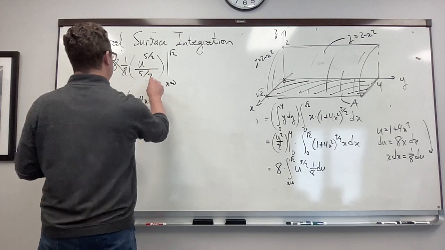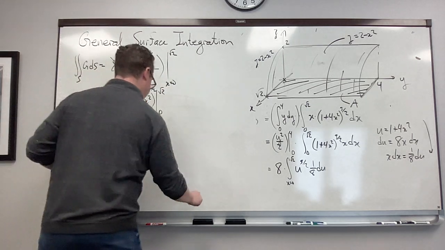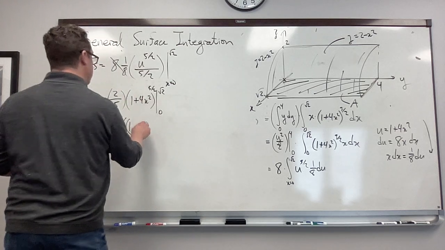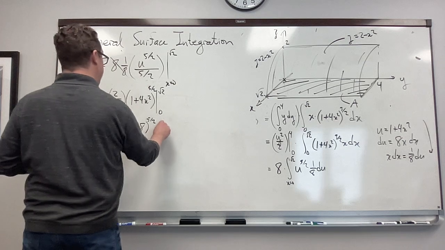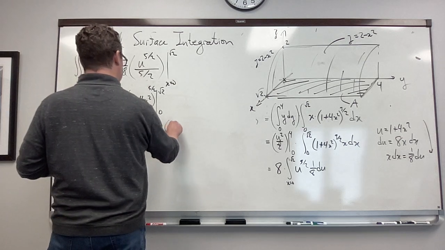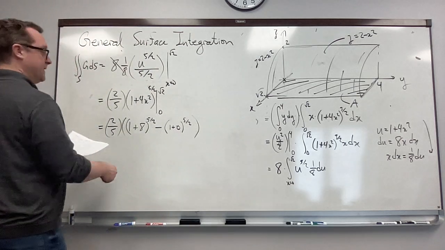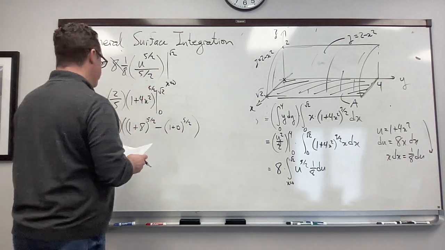Wait, okay, what's that? 5 over 2, almost forgot that. So just be a little careful. This here, 1 plus 8 to the 5 over 2 minus 1 plus 0 to the 5 over 2. Okay. It's easy, I do this a fair bit, it's easy to drop that as we're ripping through here.